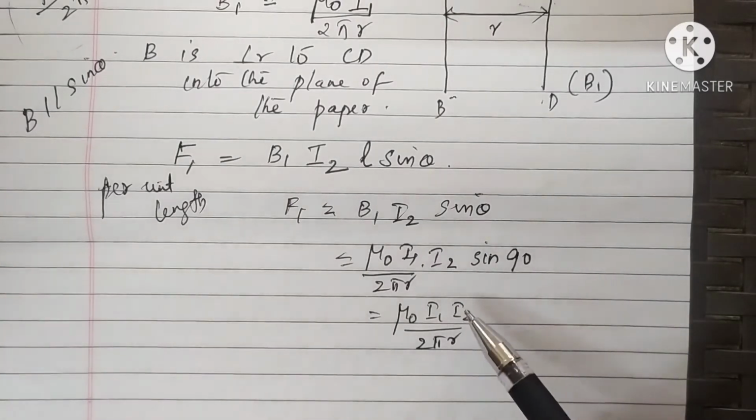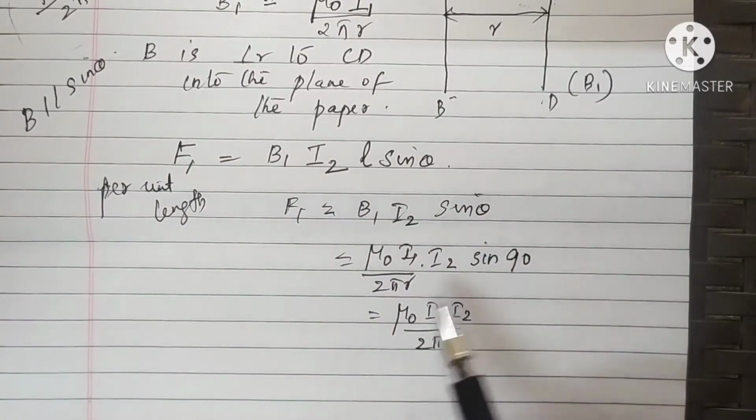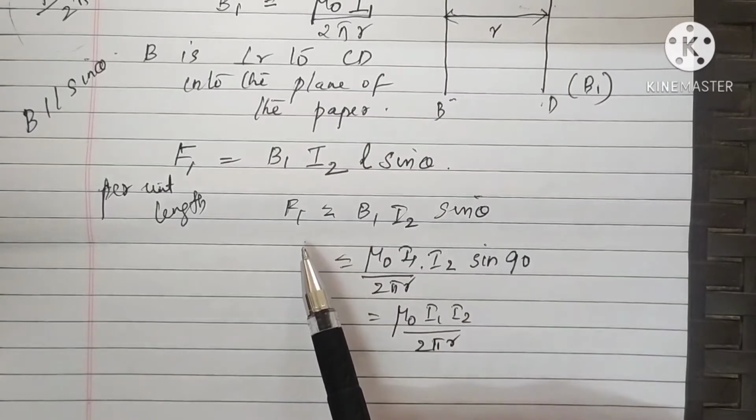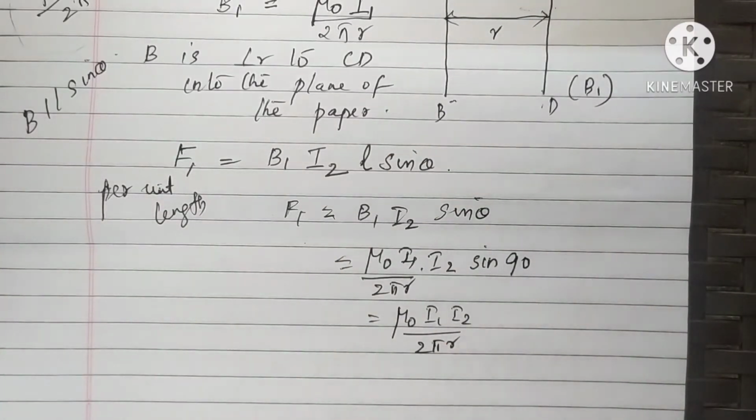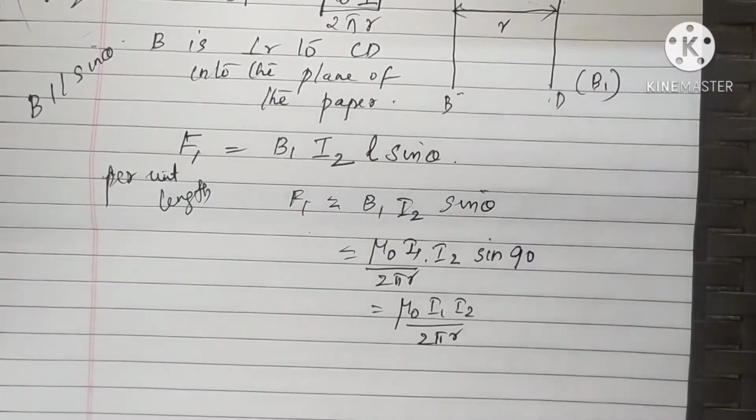And what is the direction of this force? According to Fleming's left-hand rule, you can find the direction, because you know the current is in the upward direction, that is from D to C. Then the magnetic field is perpendicular and it is acting into the plane of the paper.